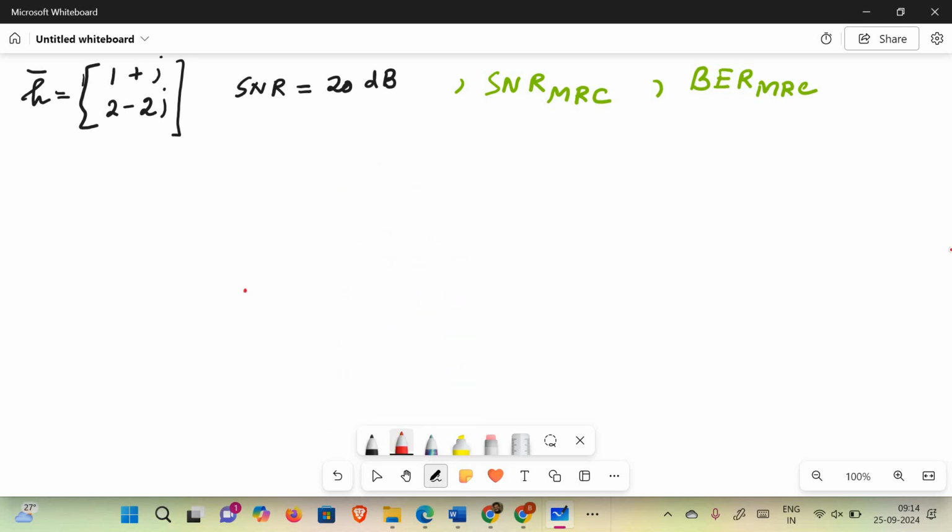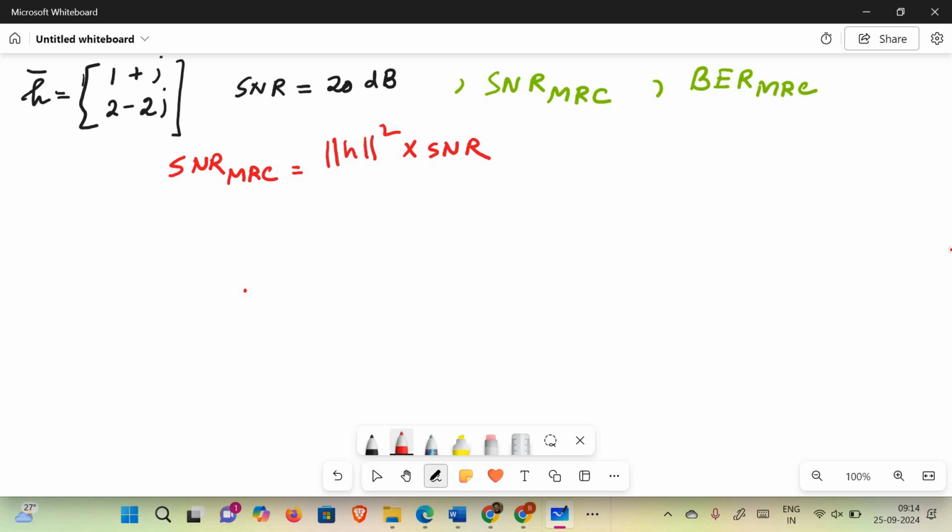Okay. So H is given to us, and what we have to find out is SNR MRC. If you remember the SNR MRC formula that we have, SNR MRC was nothing but norm of H square into SNR. Always remember, please mention this SNR in linear scale.